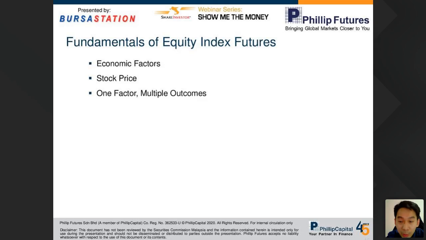You want to look at economic indicators such as GDP, CPI, PPI of the particular economy, in this case Malaysia, for example. If CPI is increasing, we're expecting a lot of demand for the economy, so we're expecting a positive uptrend in index futures.